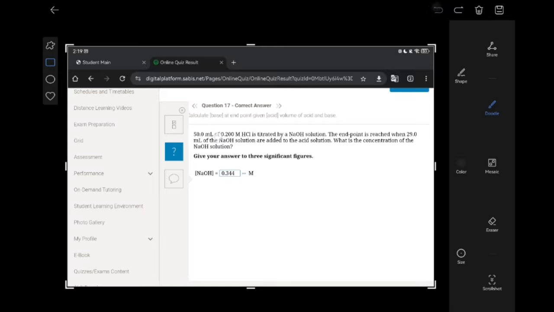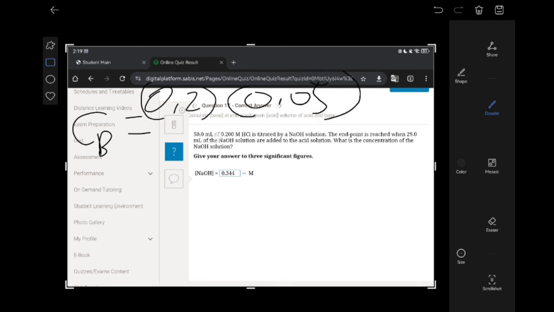So I'll rewrite. That means Cb is equal to CaVa over Vb. So Cb equals Ca, which is 0.2, Va, which is 0.05, all of it over Vb, which is 0.029.